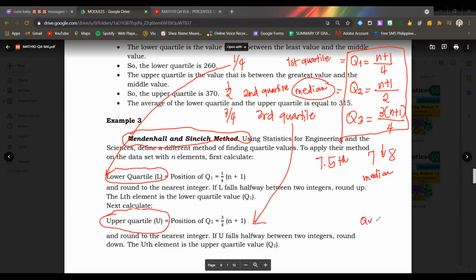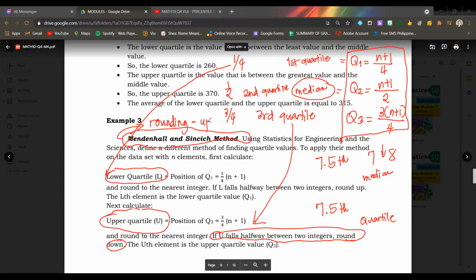Pero kapag quartile, yung 7.5 na location, okay, sabi dito, if u falls halfway between two integers, round down. So, ibig sabihin, in Mendenhall, gumagamit tayo ng rounding.